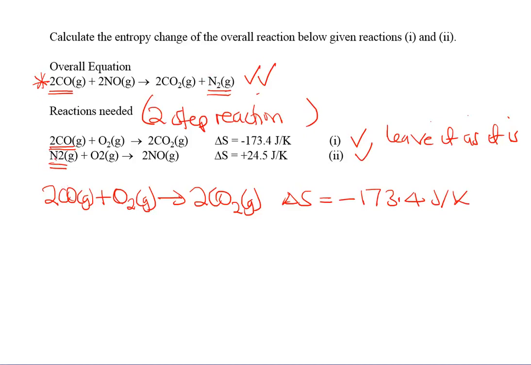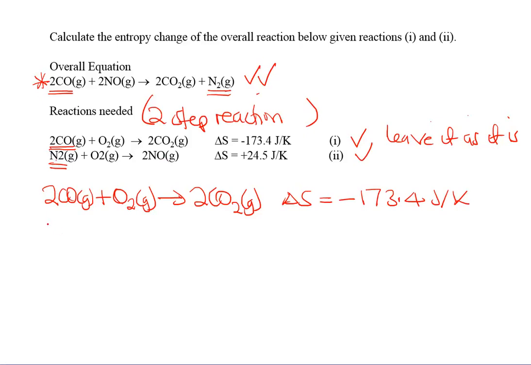We need to make this nitrogen a product. But because we have the same number of nitrogens, we don't need to do any multiplication of this equation.